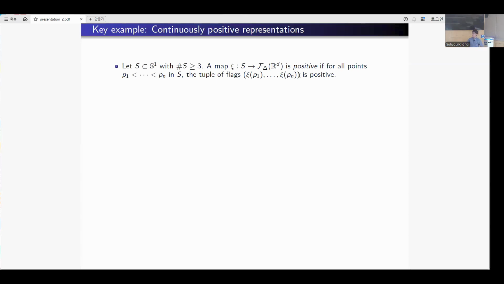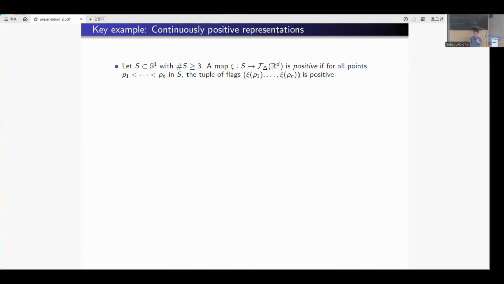Along S1, you have a natural cyclic order, and I say a tuple is positive if it's ordered along the circle in this cyclic order. A map C from S to F delta RD is positive if it takes positive tuples inside of my circle to positive tuples of flags.